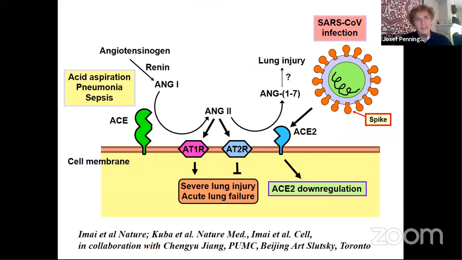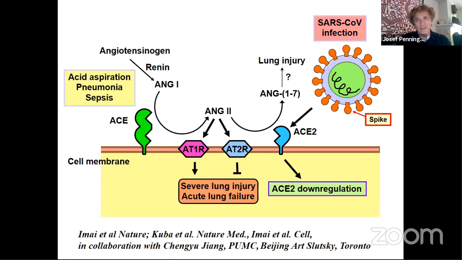And over the years, with our work and of course work from others, we came up with this idea, which has now also become a center of attention for COVID-19: lung injury, acid aspiration, pneumonia, sepsis turn on the renin angiotensin system, which was at this time a new function of the system in the lung.